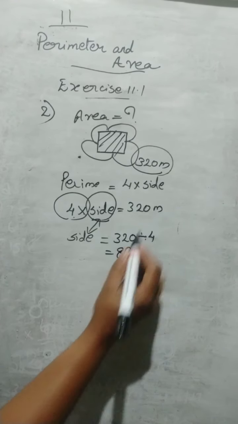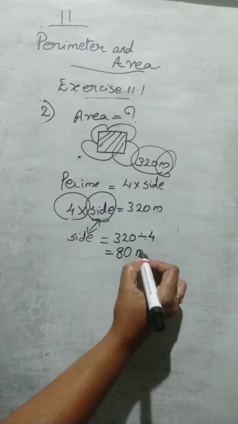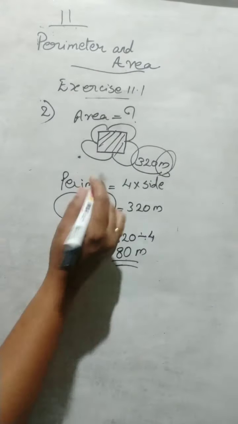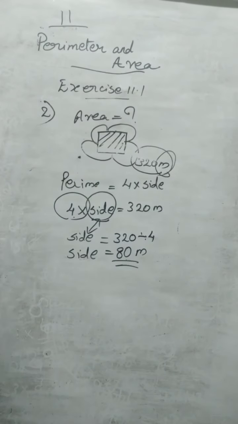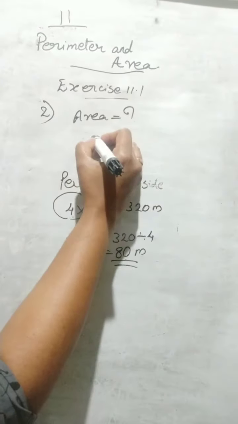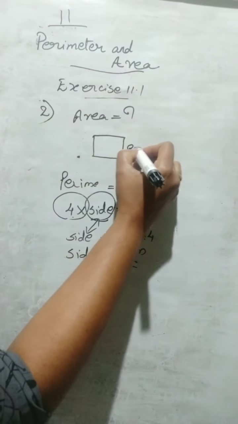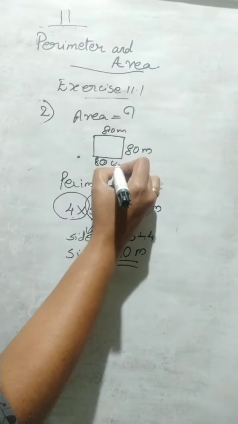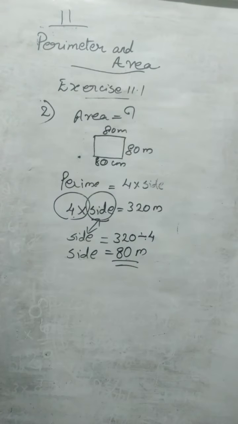What is the unit? Here the perimeter is in meter, so the side will also be in meter. The length of one side is equal to 80 meter. Here also it will be 80 because it's a square shaped park.